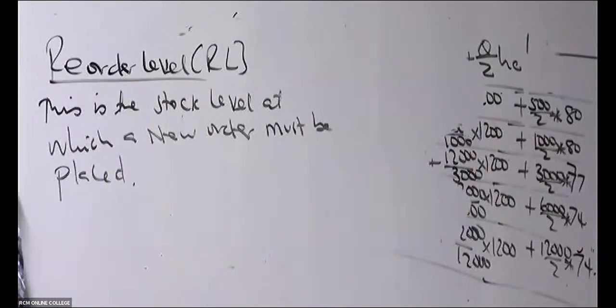So remember, if you've got, say, 1,000 units in stock, you're consuming, so it will be 900, it will be 600, it will be 500. You can't go down to 0 before you start placing an order. If you go to 0, you're going to run out of stock. You're going to experience what we call stock out.